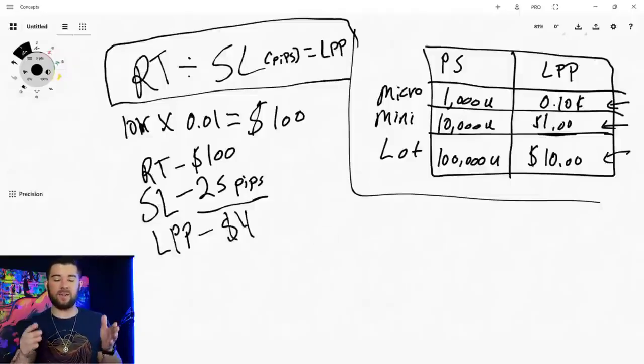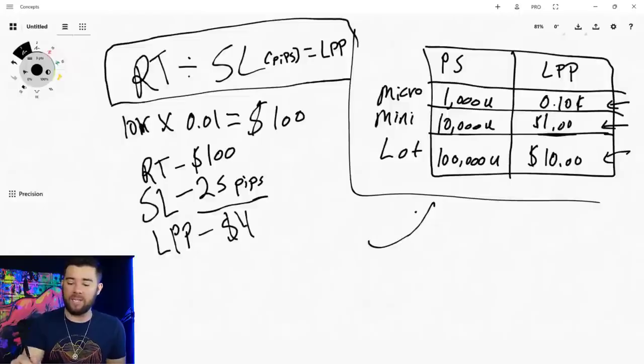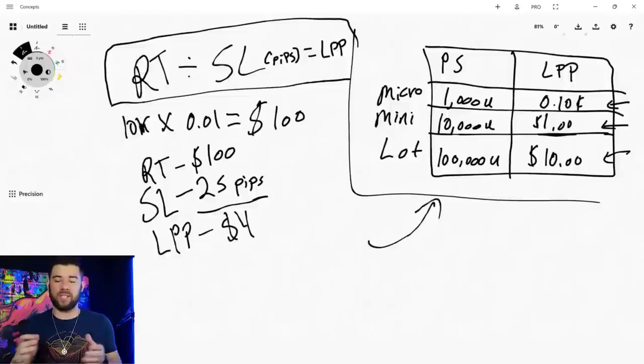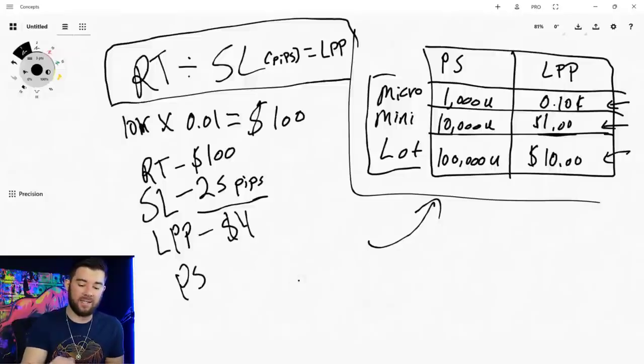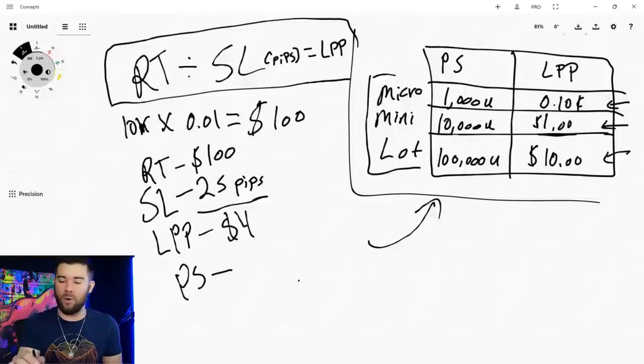Now with this being the case, I want you to look over at our table and tell me what position size you should be using. Remember, we can multiply these position sizes by any number. Just by using this simple formula and having this table beside you, you could figure this out in seconds. The only thing you need to do is look at LPP and figure out where I can get $4.